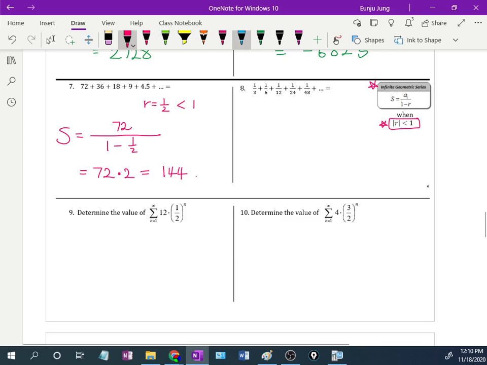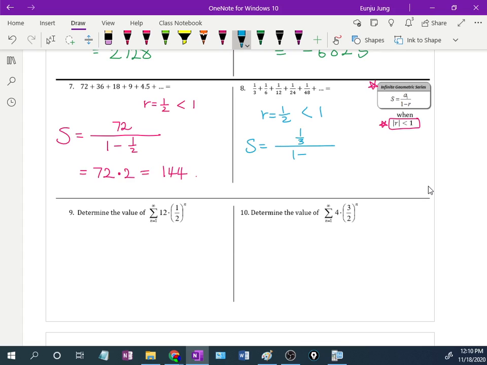So let's look at number 8. We have a pattern on this sequence, and let's find the series. What is the common ratio? Still it's 1/2, that's right. Is that less than 1? Yes, the absolute value of r is less than 1, and then we can use this formula. So let's apply the formula. First number, 1/3.